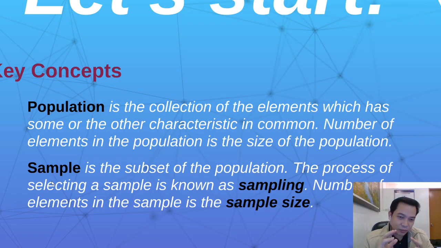The process by which we select or extract this sample is what we call sampling, or the sampling technique or sampling procedure. And the identified number of samples from the population is what we refer to as the sample size.